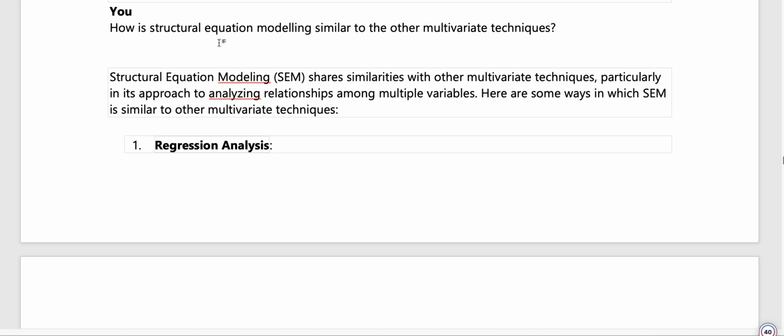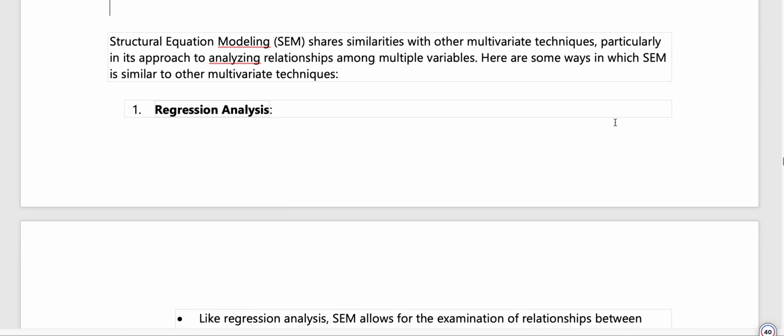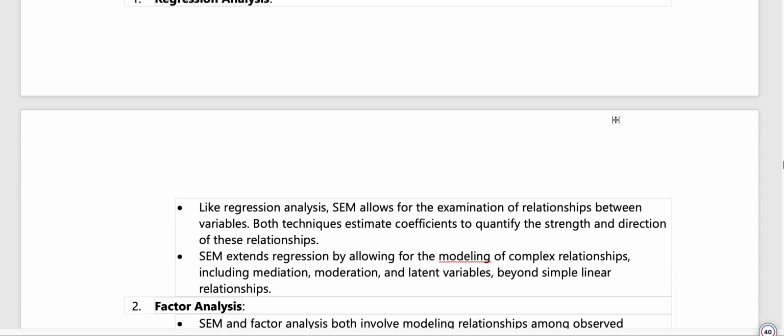This is the question: how is structural equation modeling similar to other multivariate techniques? The answer is that structural equation modeling shares similarities with other multivariate techniques, particularly in the approach of analyzing the relationships among multiple variables. Let's talk about regression analysis.